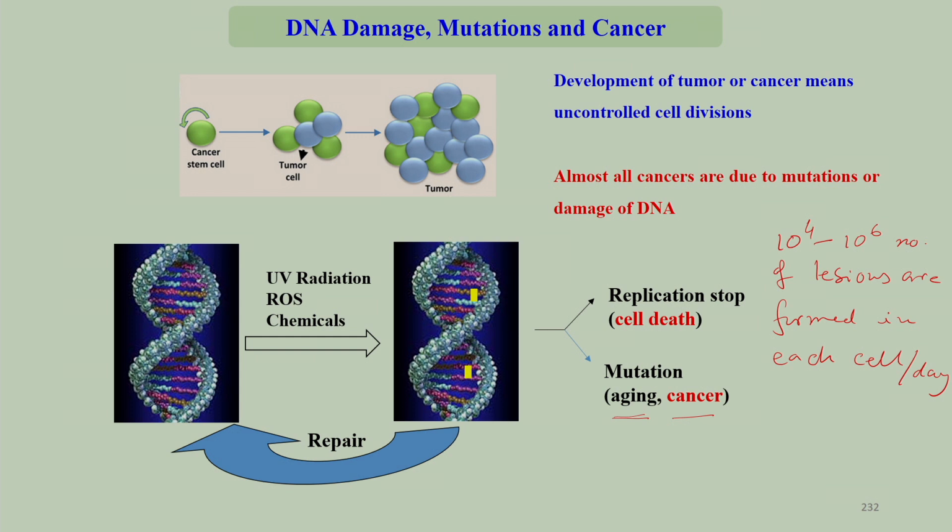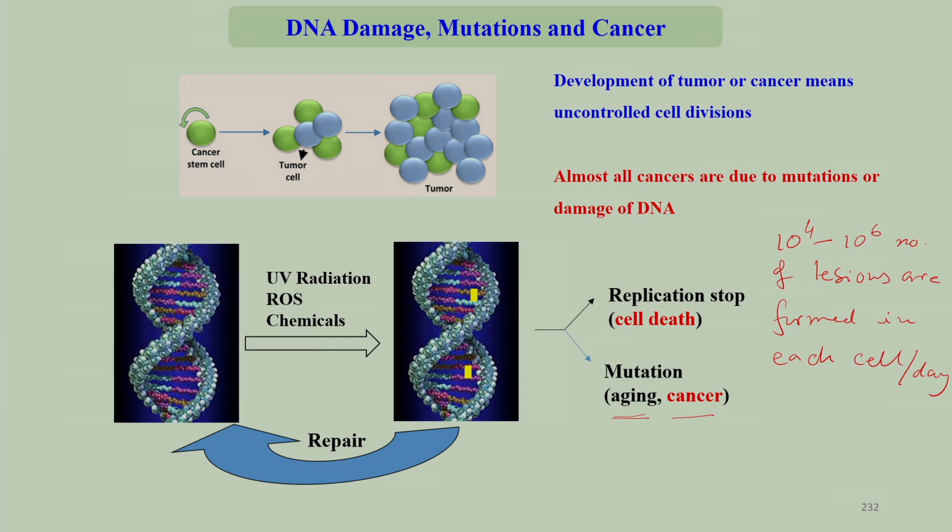So, you can imagine the total number of lesions that are forming and that we are experiencing every now and then, but we are still alive, which means most of these damages are actually repaired back immediately to the original DNA, and that functions properly. But many times inside tumor cells, inside cancer cells, that does not happen.